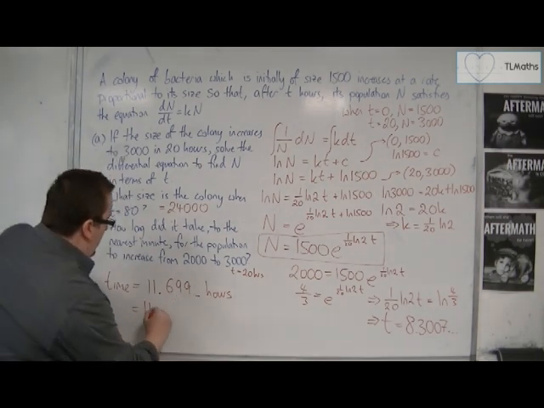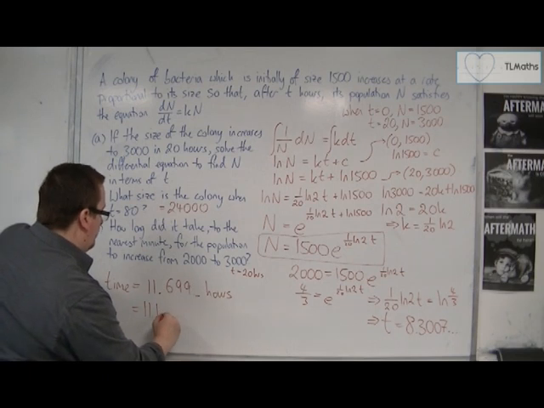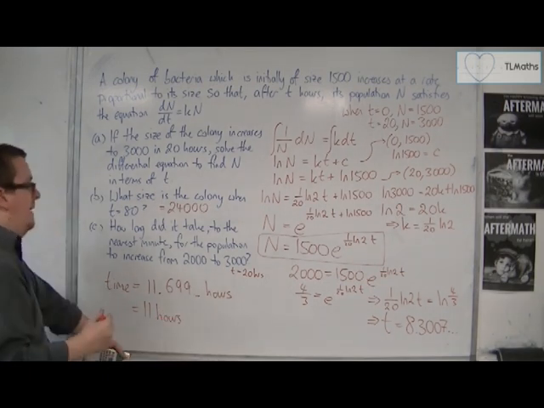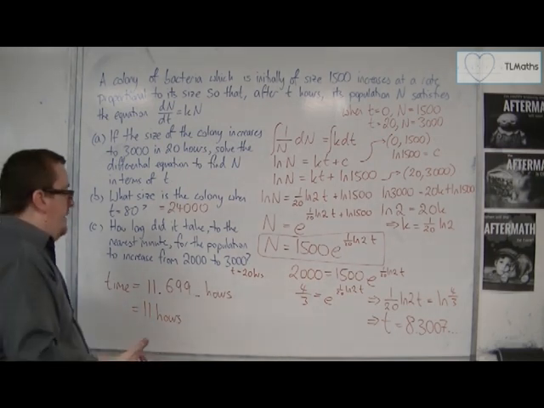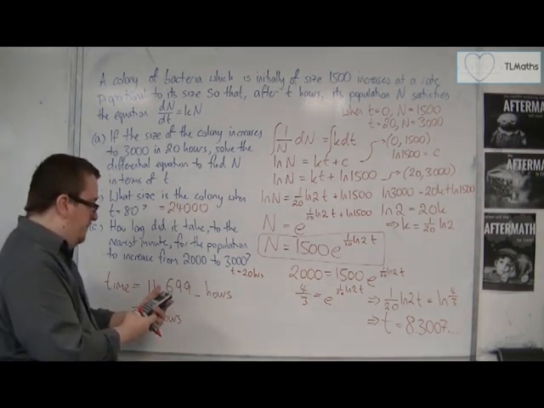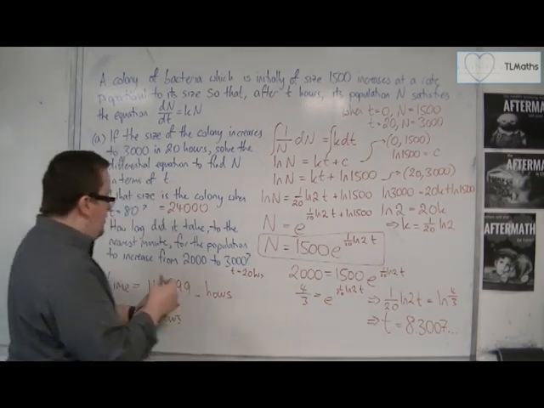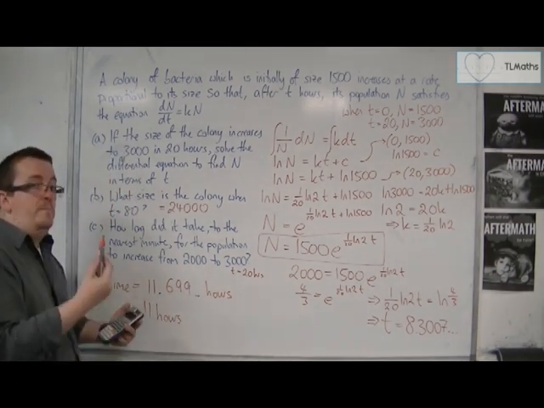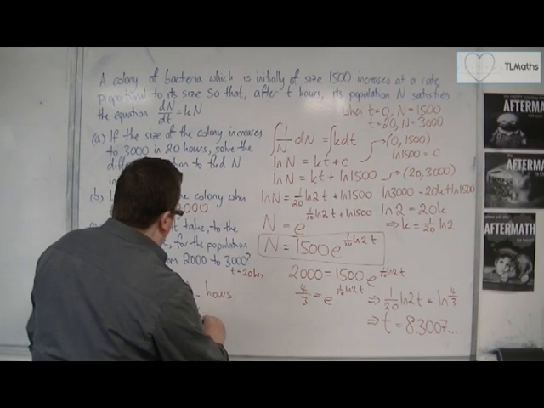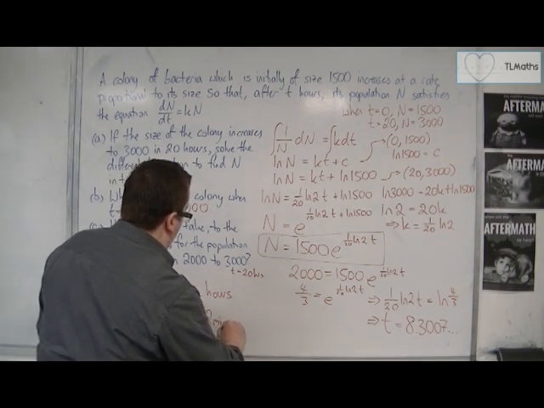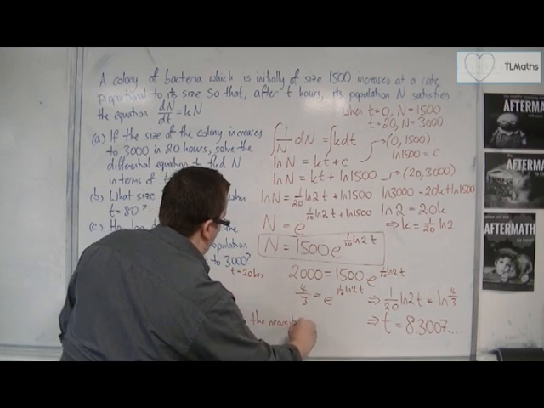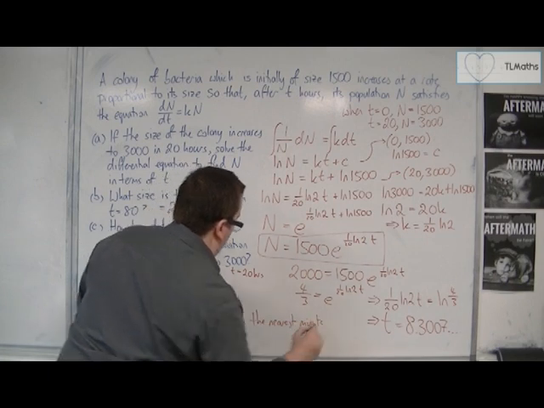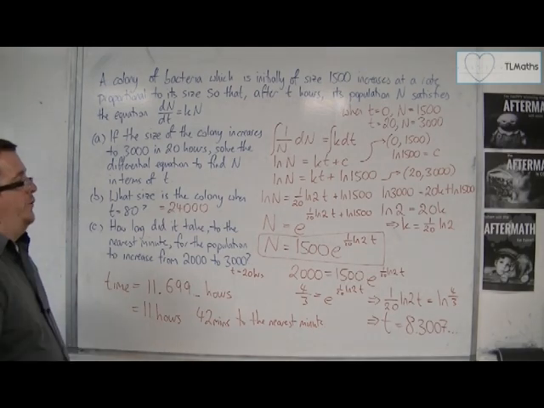So we know that it was 11 hours and 0.699 hours, but I want to convert that into minutes, so I've got to times that by 60, and that gives me 41.955 minutes, which is 42 minutes to the nearest minute. Okay? And that's how we can solve a problem like this.